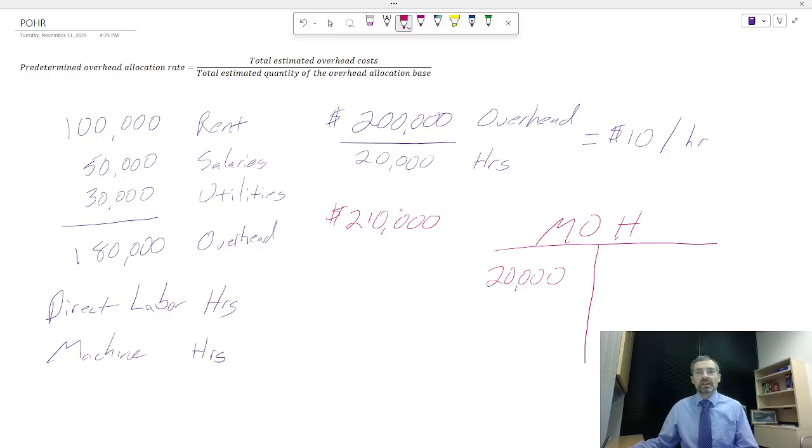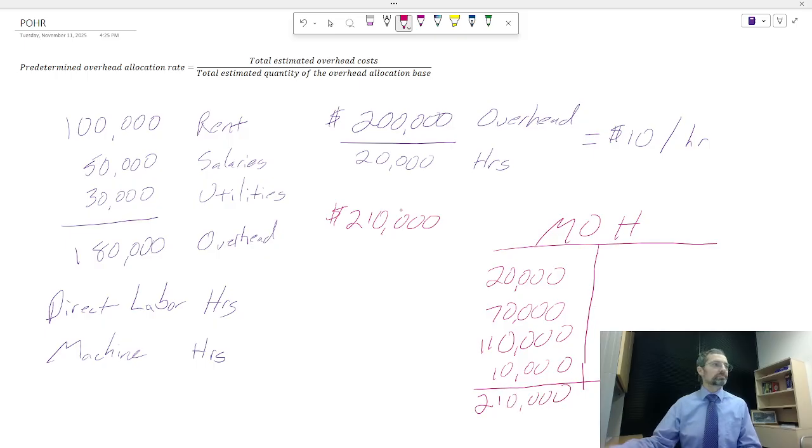Let's say that was $70,000. And when we use actual indirect materials like glue, we might debit manufacturing overhead and credit direct materials, or credit the raw materials inventory. So we might have a few entries like this. So that's 90,000. Let's say our rent was 110,000, and we had $10,000 of other manufacturing overhead costs, adding up to not 200,000 but 210,000.